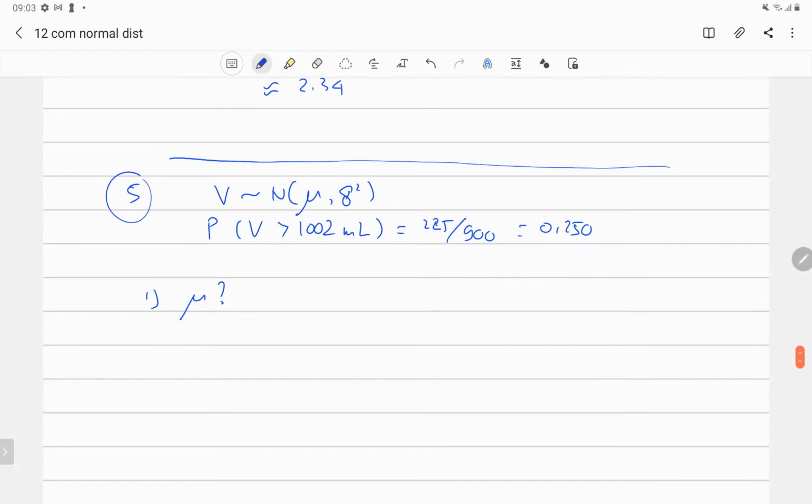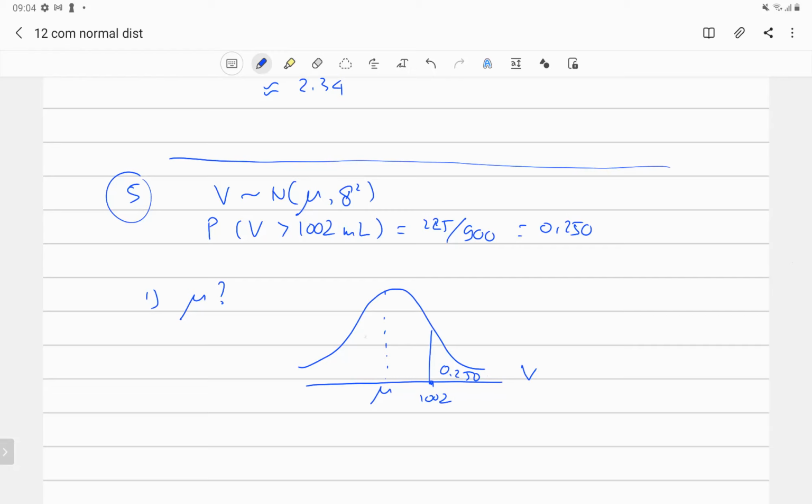To get this idea, let's sketch it first. We know this is the volume. The volume has an average value that we don't know. But we know that for more than 1002, the area to the right is 0.250. 0.250 is less than half, right?